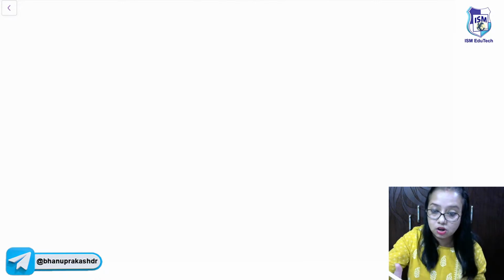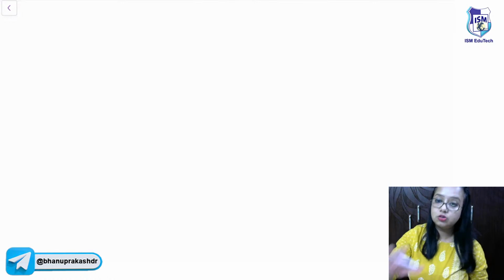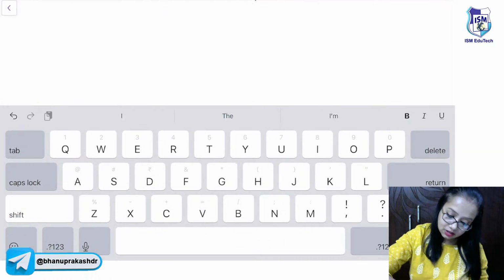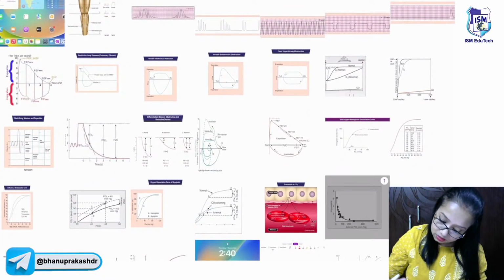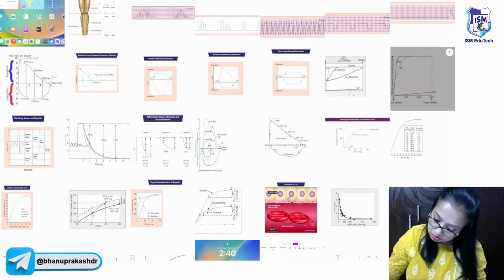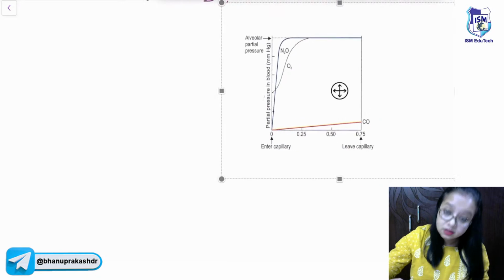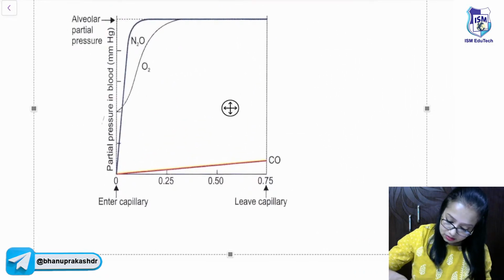Now, how do we apply this law in understanding the concepts related to the clinic? We will understand it with the graph. So, we are going to zoom out the graph a bit.